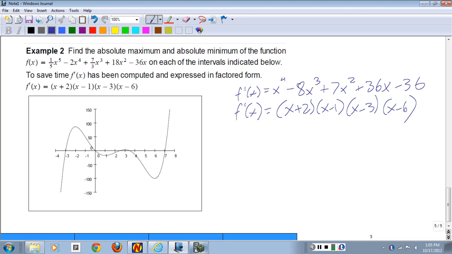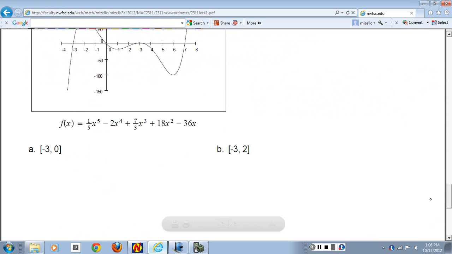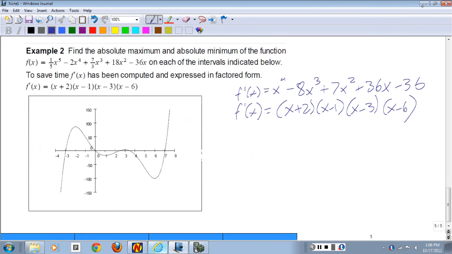So here's the function, but it asks us for maximum and minimum values on specific intervals. So let's look at these specific intervals that it wants. -3 to 0, this closed interval. So if we're trying to find the maximum and minimum values of the function on this interval, we just need the critical numbers that lie within that interval.